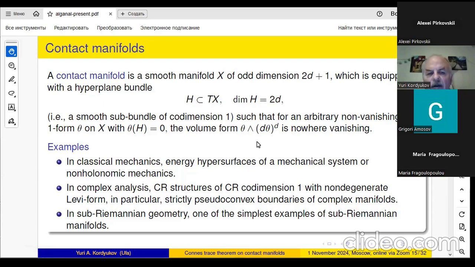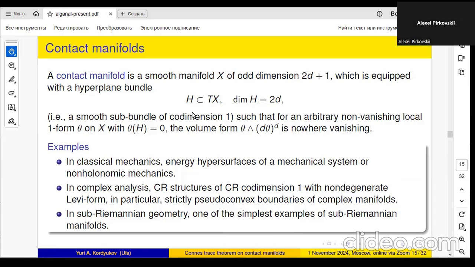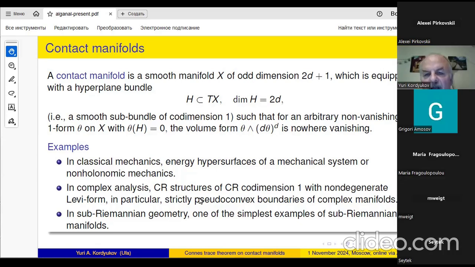And again, in sub-Riemannian geometry, this is the simplest example of a sub-Riemannian manifold. In sub-Riemannian geometry, the main object is a manifold with a distribution. And we should have a so-called bracket generating condition, which means that commutators of vector fields tangent to H, with two vector fields tangent to H, should generate all vector fields.